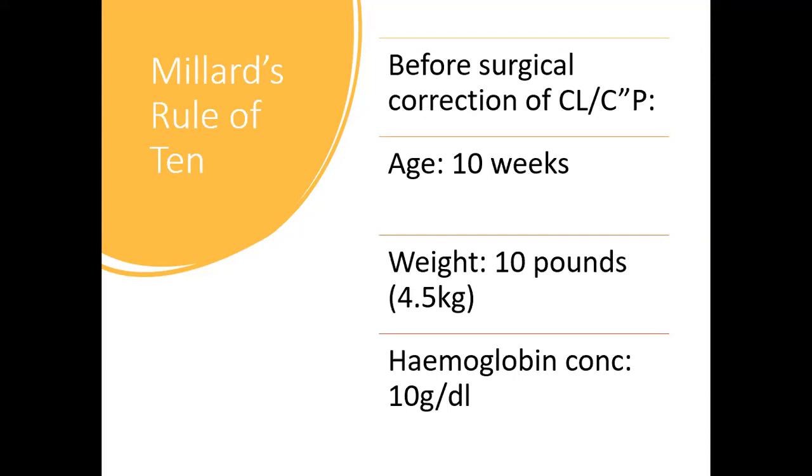There have been some controversies, and people go around it, but this is the standard that we started with. So with the Miller's rule of 10, the child must be at least 10 weeks of age before presenting for surgery, must have a weight of 10 pounds, and hemoglobin concentration of 10 grams per deciliter.